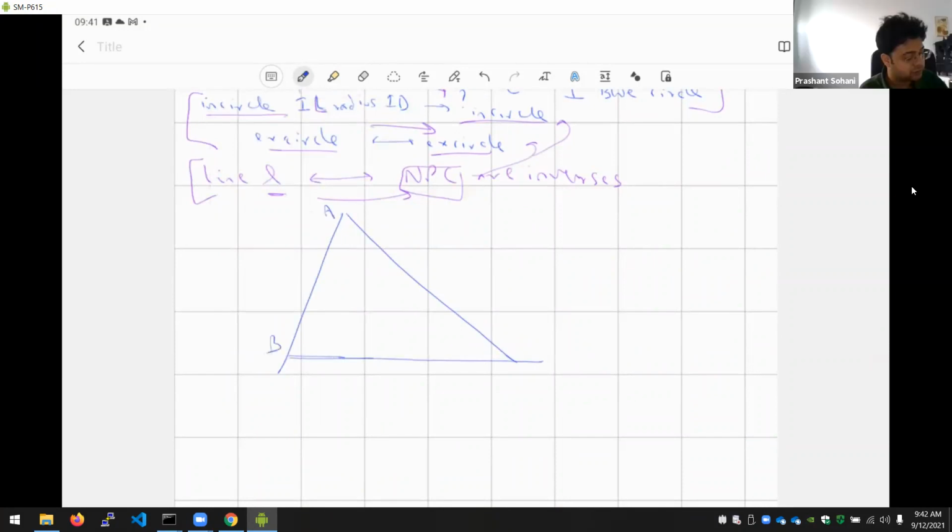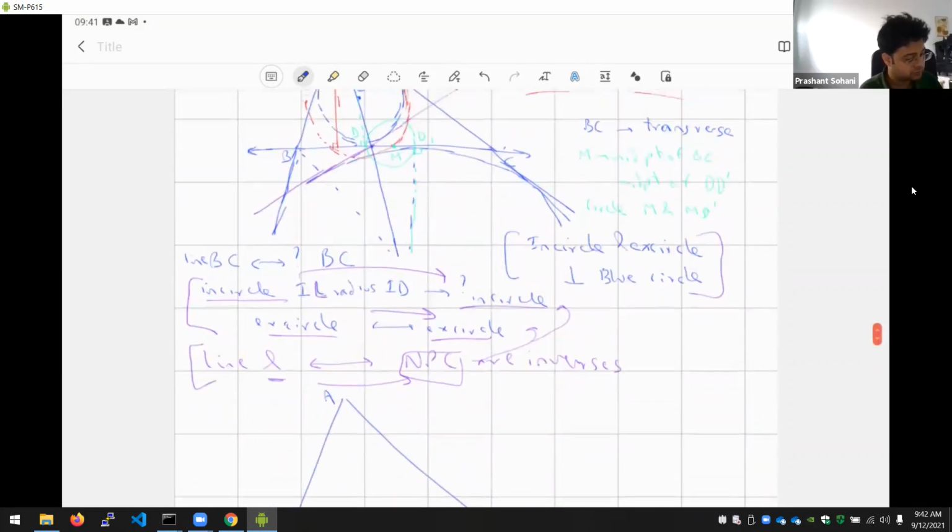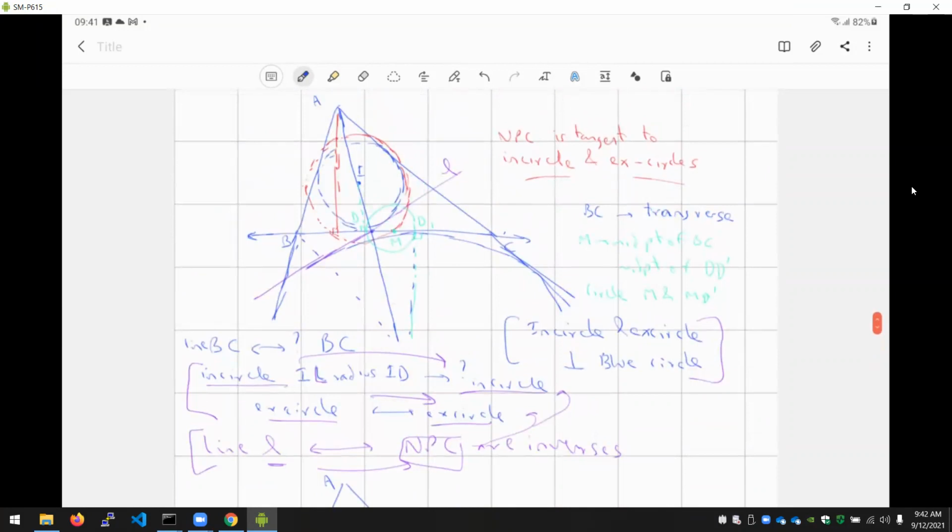Sir, but what about the other two excircles? If I do this, then I've shown that the 9-point circle is tangent to the incircle and the excircle opposite A, correct? Here I took M, the midpoint of BC.